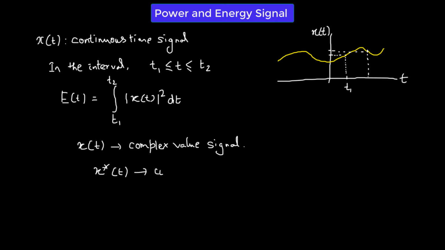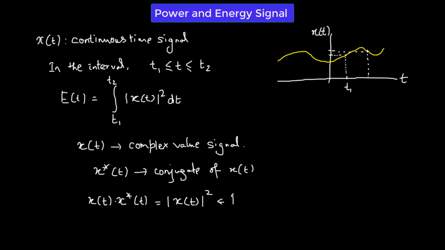This is the conjugate of x of t. When we take the product of the signal with its conjugate, that is the same as saying we take the absolute value of the signal and square it, and this value is a real value, or you can say it's a real valued function.